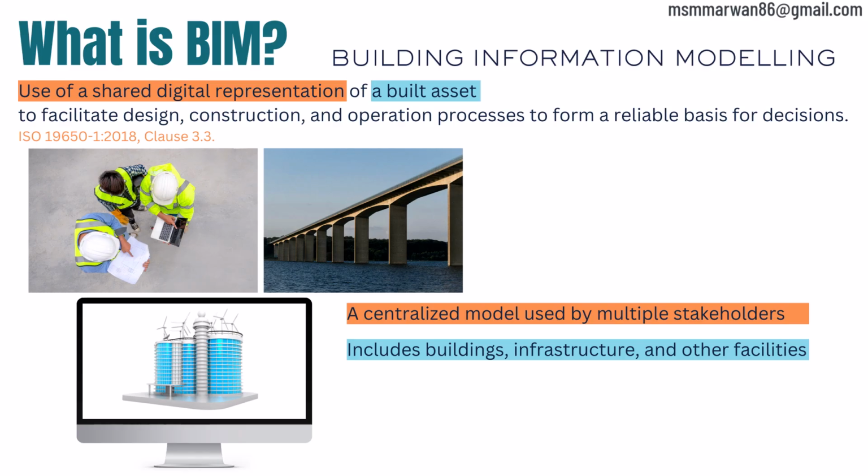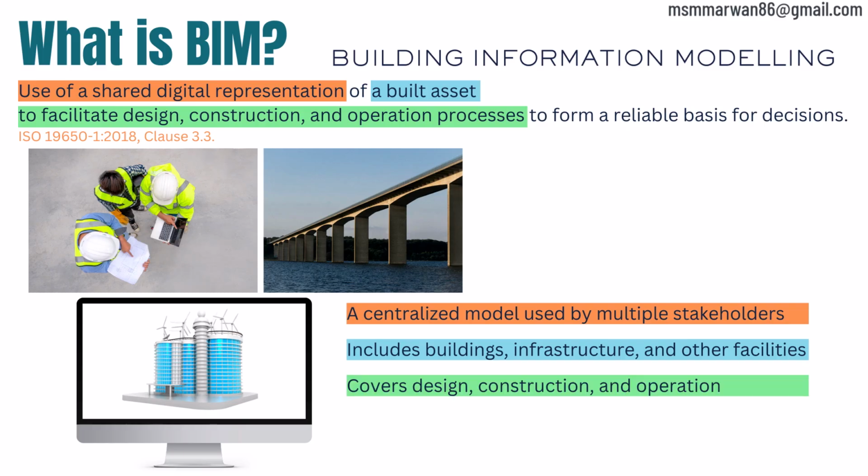Now if I ask, why are we creating that digital representation? That is the next point. It says to facilitate design, construction and operation processes. It covers design, construction and operation. We create a digital representation of a built asset like a building, dam, bridge or tunnel to facilitate the design.